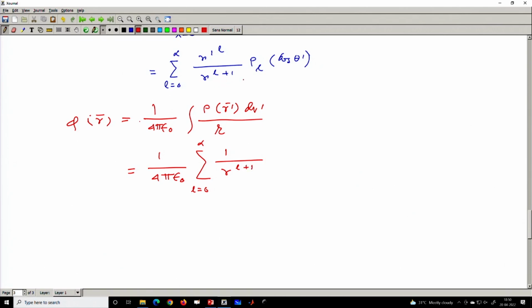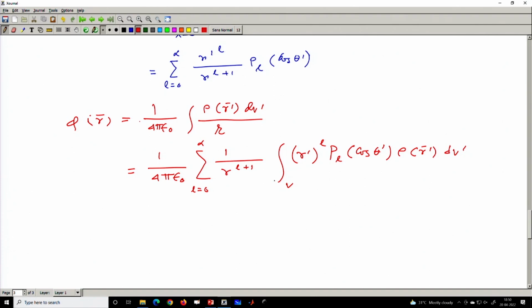This term I can take outside the integral, because the integral is over prime. Then the integration of r prime to the power L, and then P_L(cos theta prime), then rho, which is a function of r prime, and dv prime over the volume integral V.